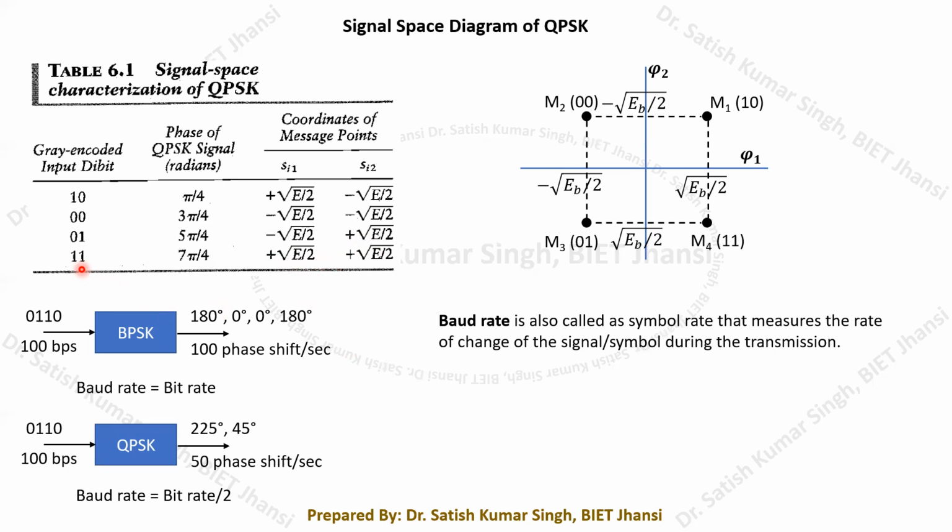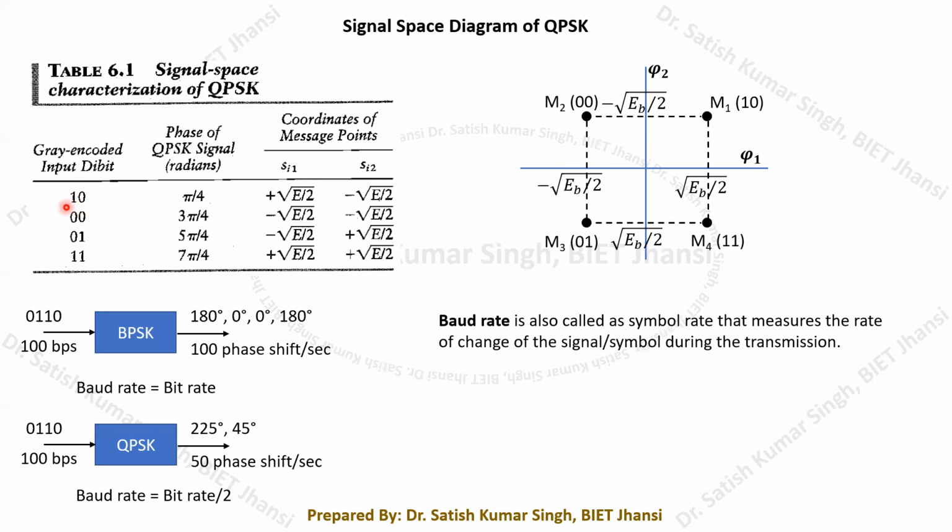So why is it gray encoded? You must first be able to understand gray codes. If you have studied digital electronics, then you must know what gray codes are. In gray codes, the binary bits have only one bit change.